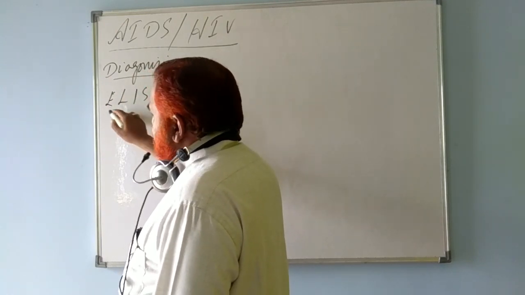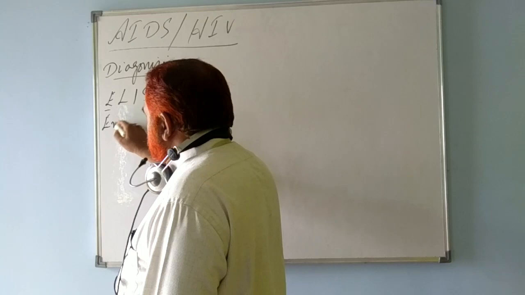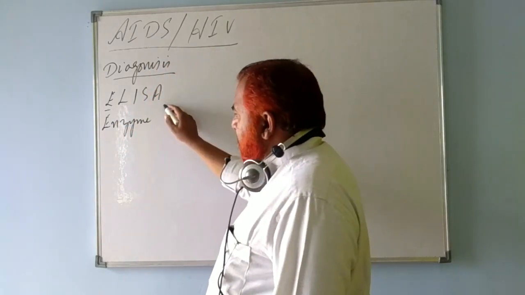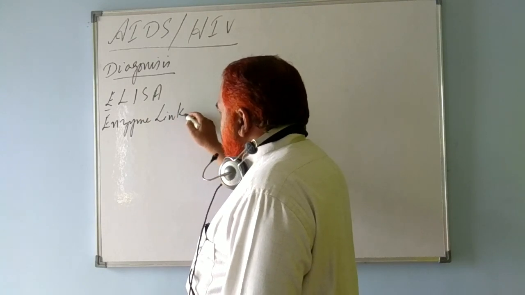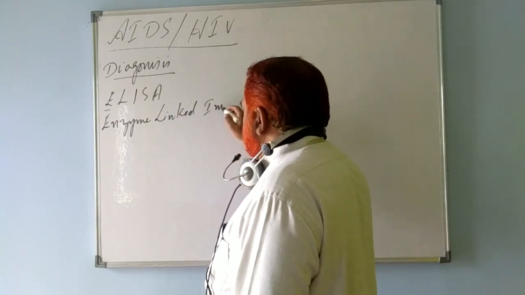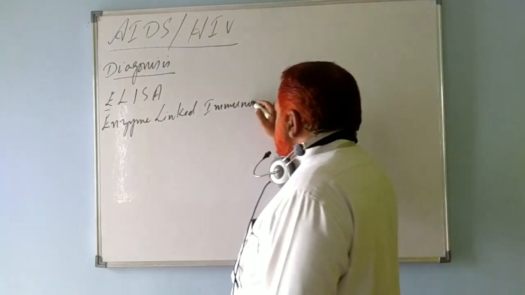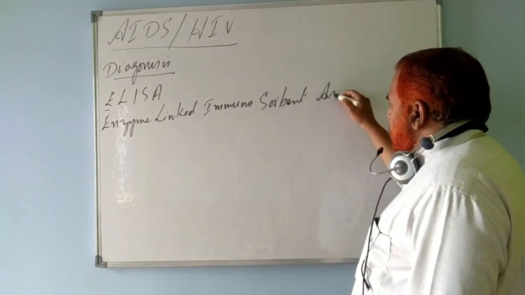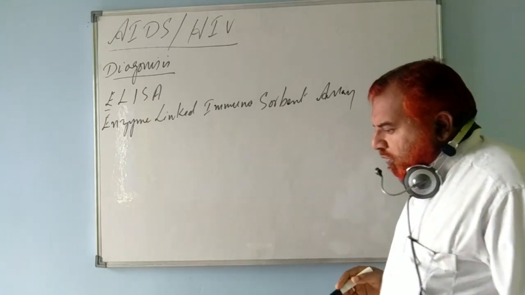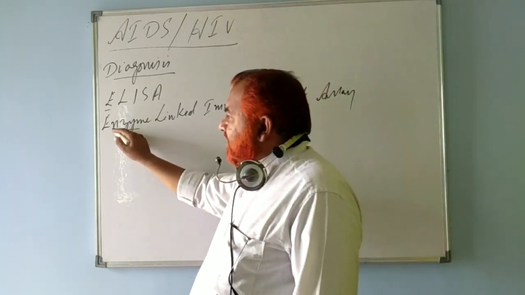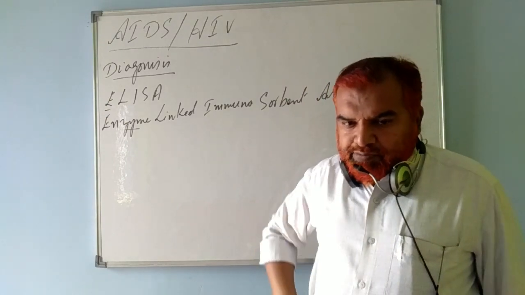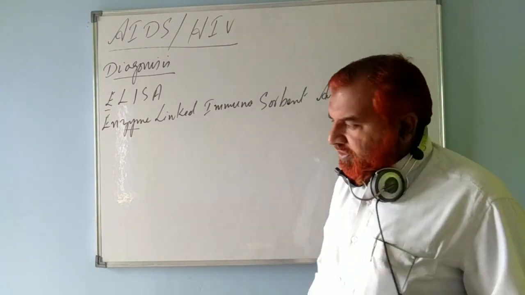What is known as ELISA? ELISA is an abbreviation. Enzyme linked immunosorbent assay. What do you mean by this? What is linked here? Enzyme link. You all know this virus consists of a protein coat. We will discuss the structure today.